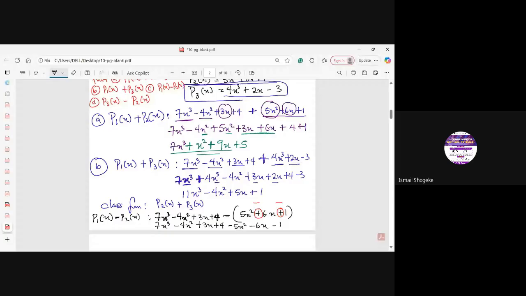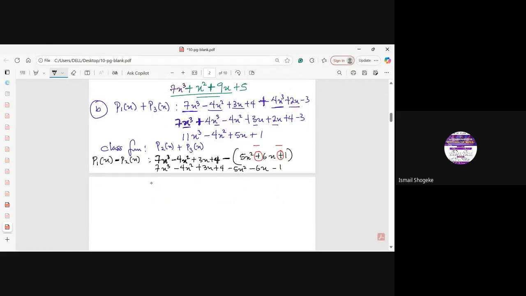That's the power of minus. Look at what happened. It neutralizes all the positives that we have in the question. Do you get it, guys? Now we can group, just like we did earlier. So we have 7x to the power 3.